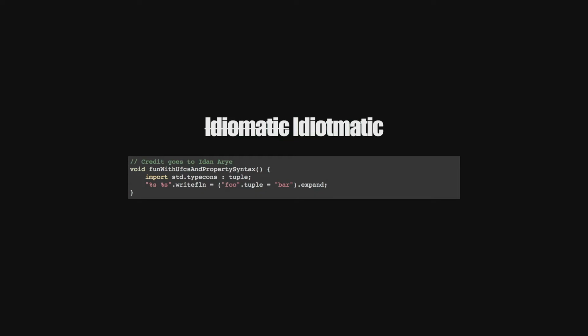But you can use it like this. Uniform function call syntax, writef line, and then a tuple equals, and then a string, and then all that in parentheses, and then you expand it and assign that to writeln. Anyways. Huh? It then actually works for us.